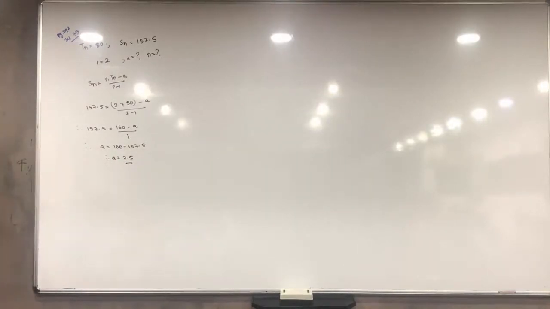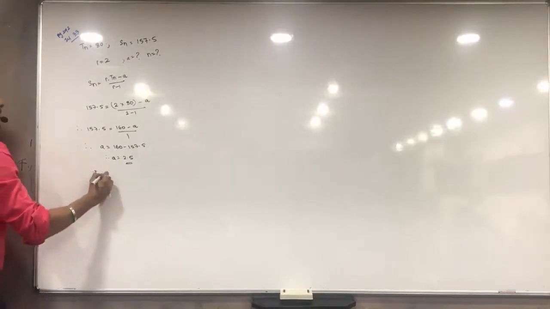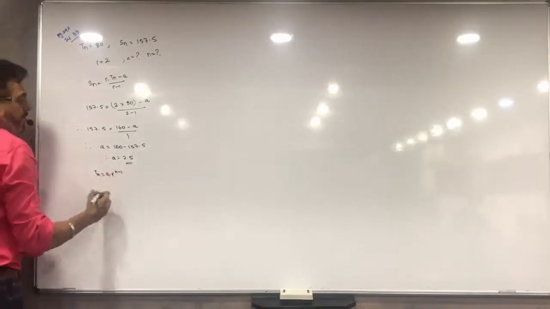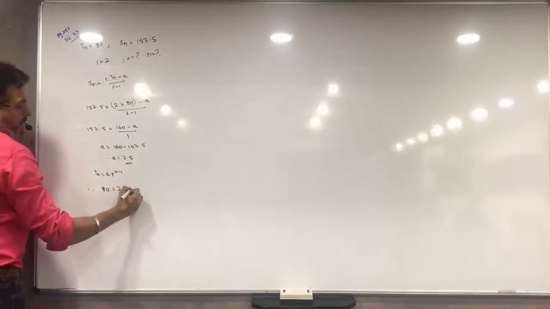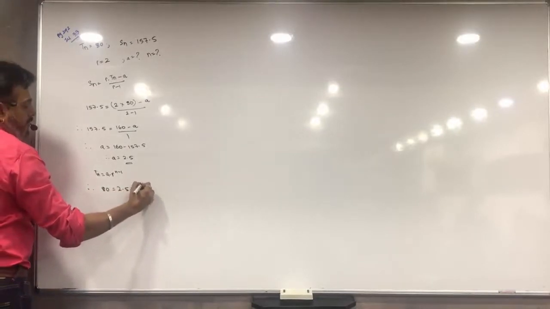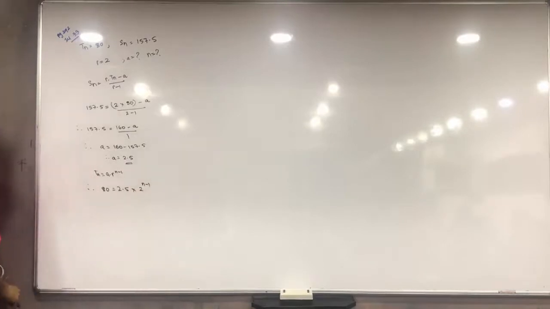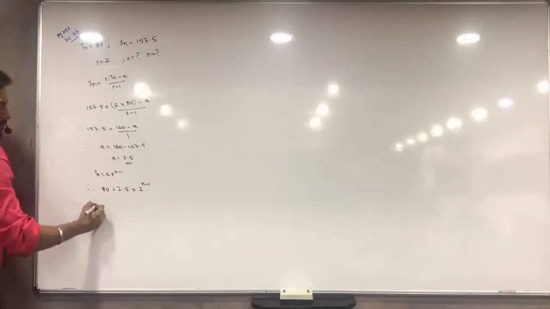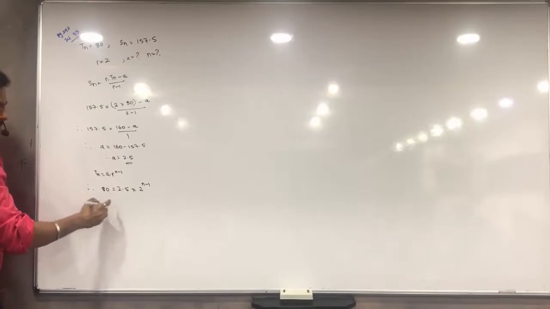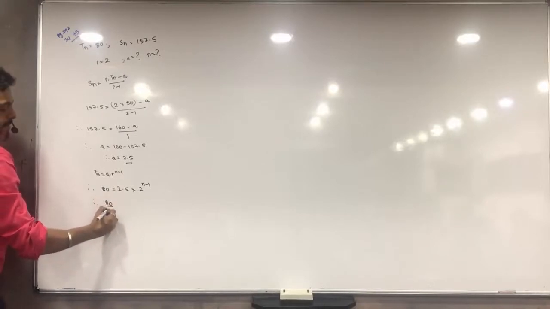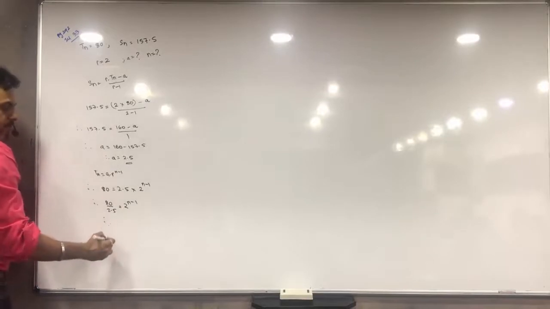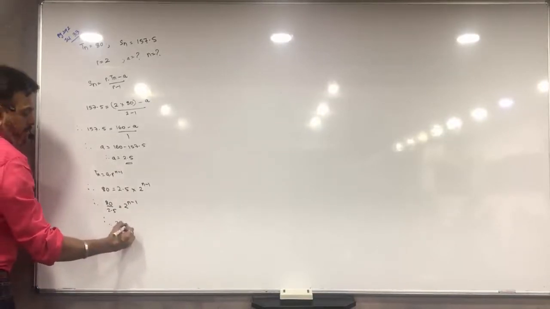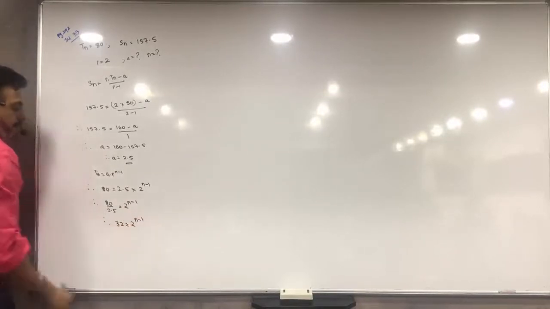A is found. Now, Tn is equal to A into R raised to n minus 1. Therefore, 80 is equal to 2.5 into 2 raised to n minus 1. Therefore, this will get divided: 80 divided by 2.5 is equal to 2 raised to n minus 1. How much? 32 is equal to 2 raised to n minus 1.